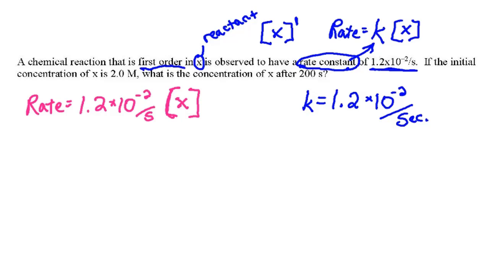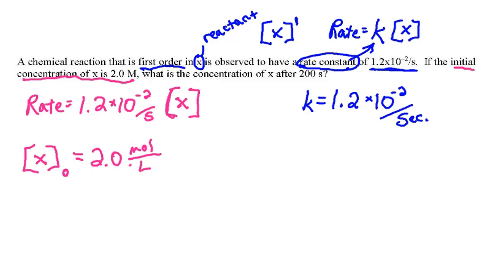Now let's read on with the question. If the initial concentration of X is 2 molarity, so that means the initial concentration of X, or as I say, original, so I put a little O down there, is 2.0 molarity, or moles per liter.